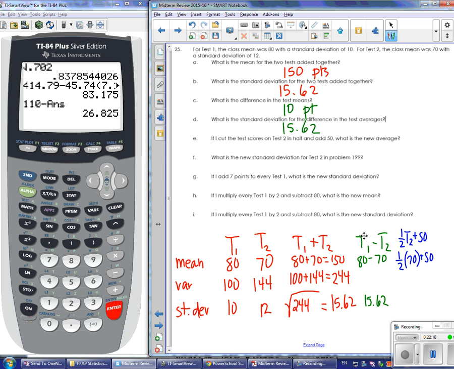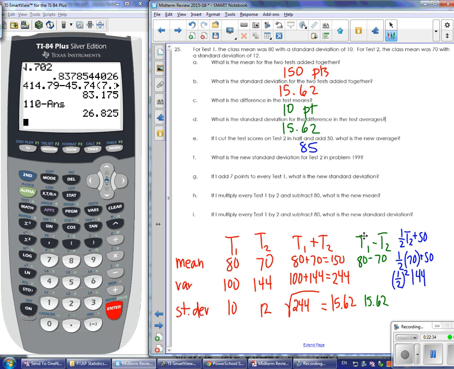That's going to be 35 plus 50, which is 85. The standard deviation, though, remember, I have to work with the variance. So when I'm multiplying by a coefficient, I'm going to square that 1/2. And so I'm going to do 1/2 squared times the variance of test 2, which was 144. And then I'm going to take the square root of that.